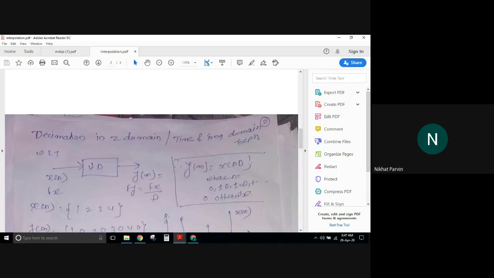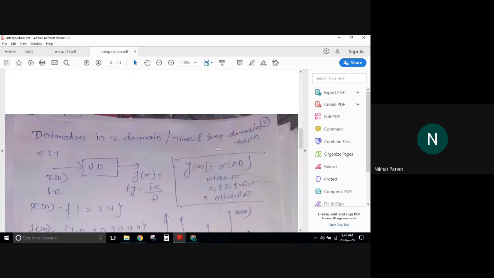That means you can see when you write your output equation in this form, the output which we obtain will have dropping of the samples. Can you see that? There I wrote n by I, means now you put the value of n as I, 2I, 3I, 4I, and so on.